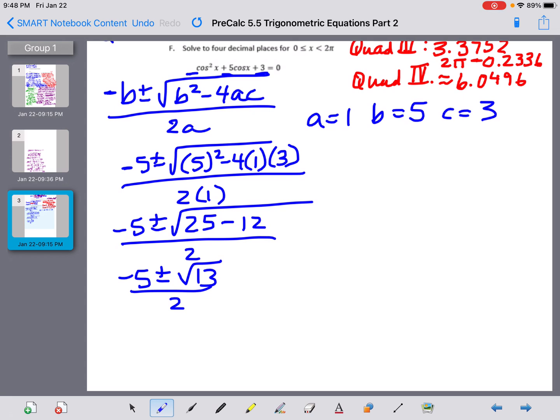So what does this mean? We're solving for x, or in this case, we're solving for cosine x. So cosine x equals either negative 5 plus the square root of 13 all over 2, or cosine x equals negative 5 minus the square root of 13 all over 2. That's what it means that I solved for x, but this time it's cosine x because it's all there. To be honest, I just need a decimal for these.